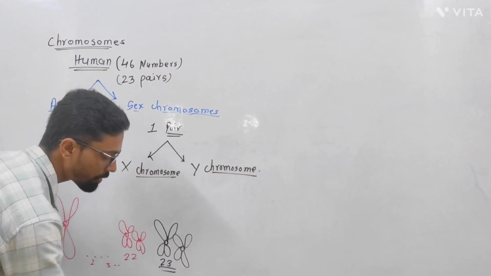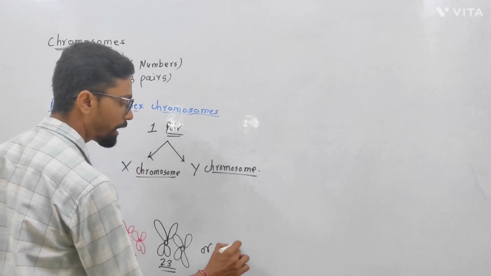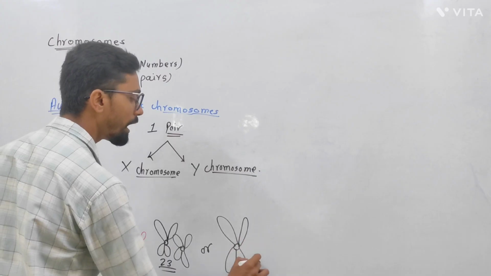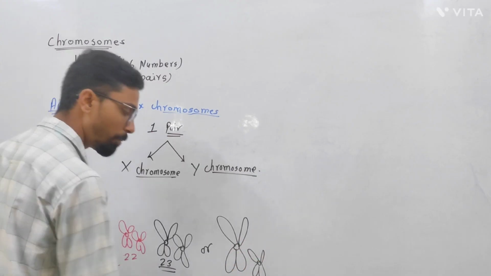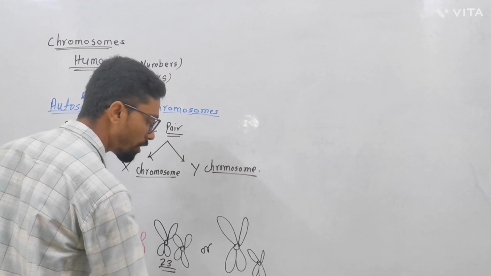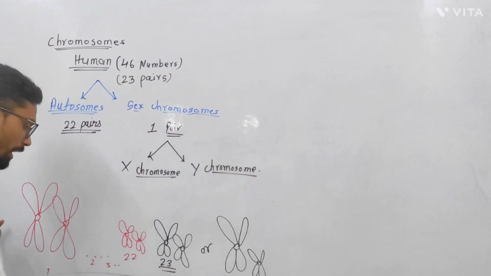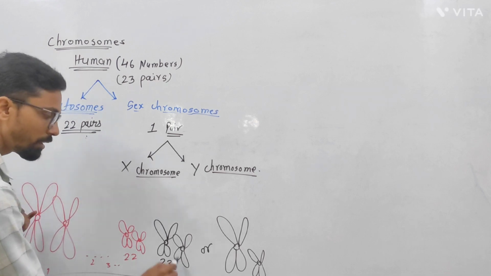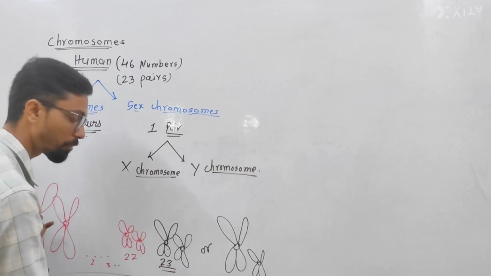At that time it becomes X chromosomes, or maybe one is big and the other is small, which may become X or Y. So these 22 are called autosomes, and this last pair becomes the sex chromosomes.